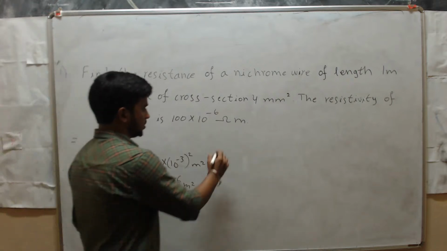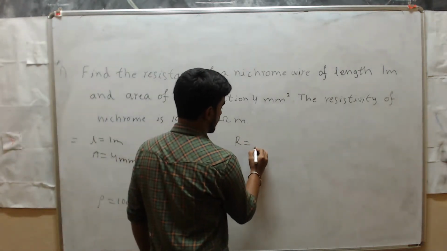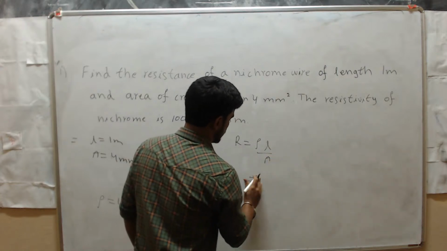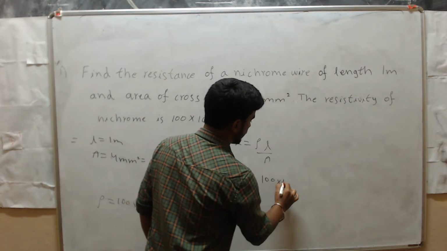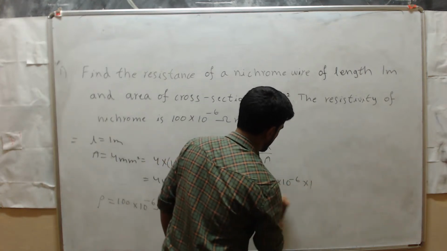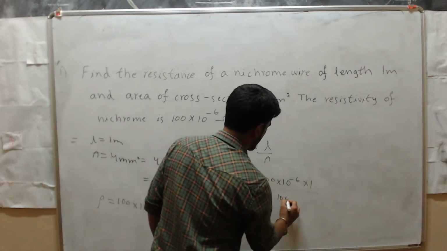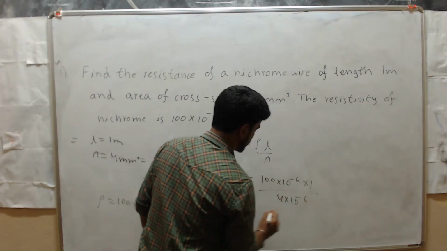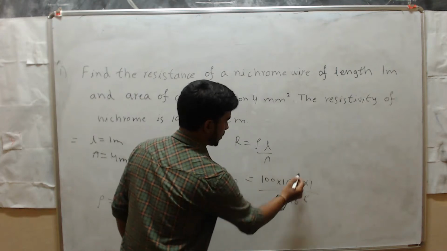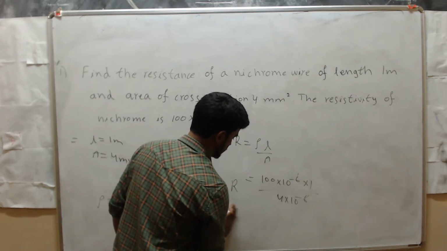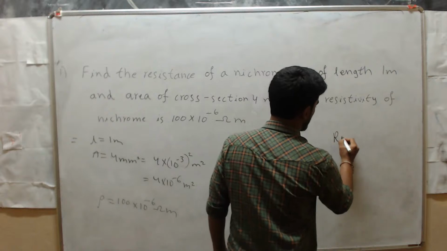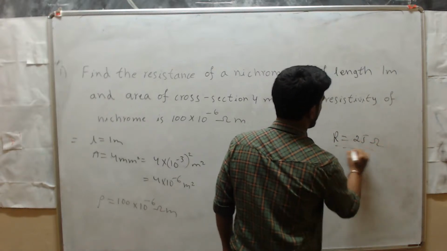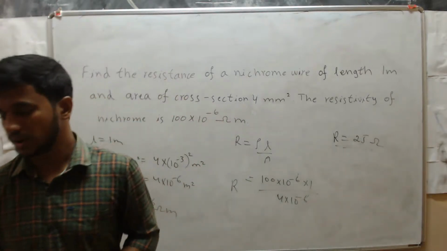Okay, so we know the formula R equals rho into L by A. By substituting 100 into 10 raised to the power minus 6 into 1 divided by the area of cross section, 4 into 10 raised to the power minus 6. Okay, cancel. So 4 twenty-fives are 100. Finally, you will get R equal to 25 ohm.